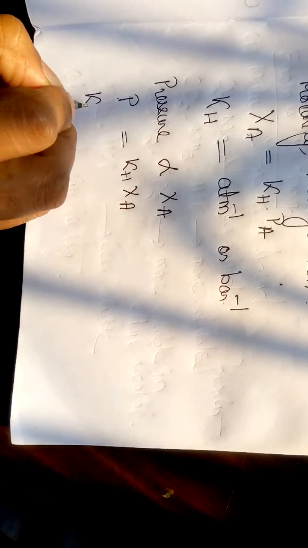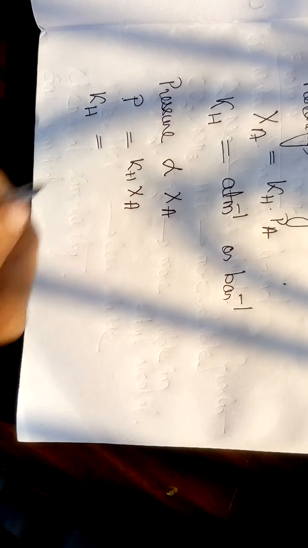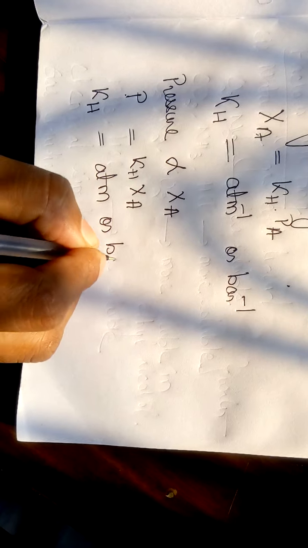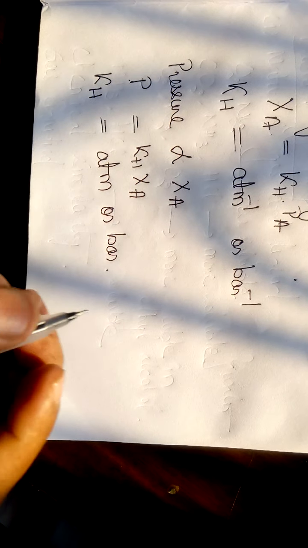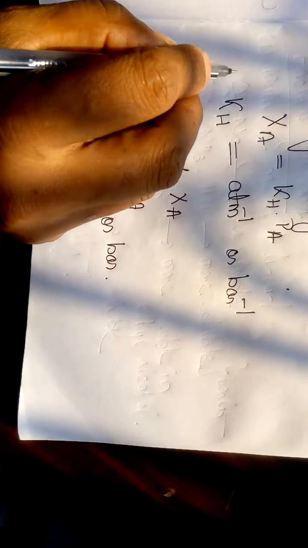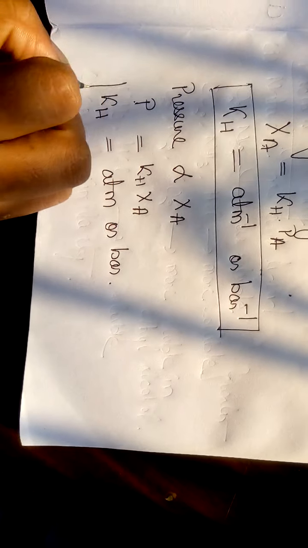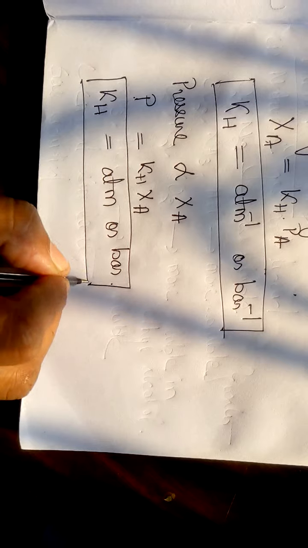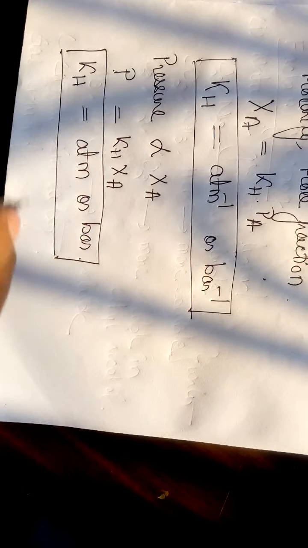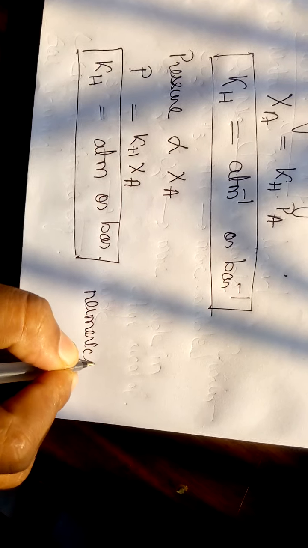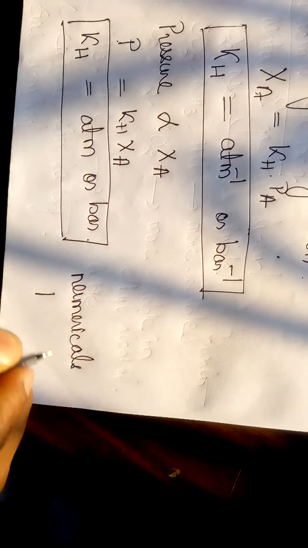Now the unit for Kh comes out as ATM or simply bar. So these two different units are required in numerical problems.